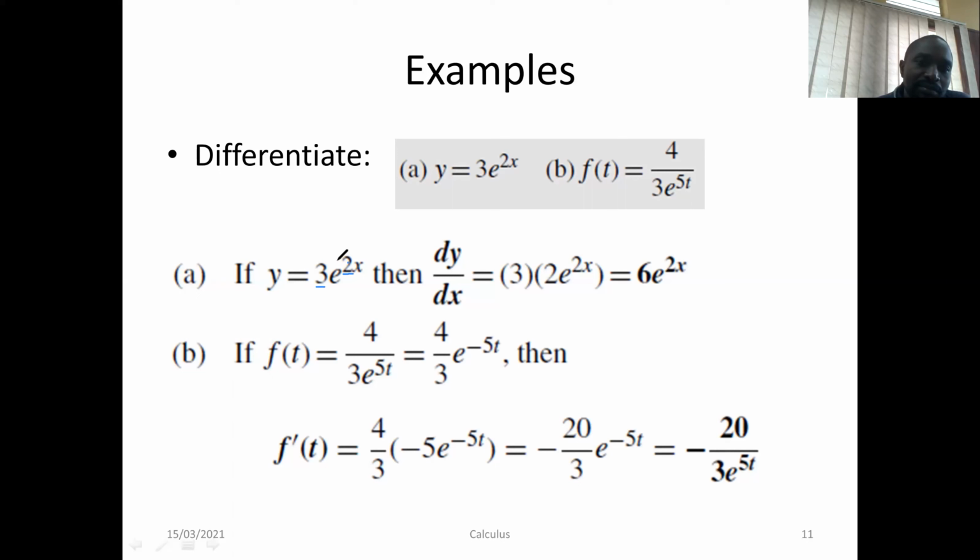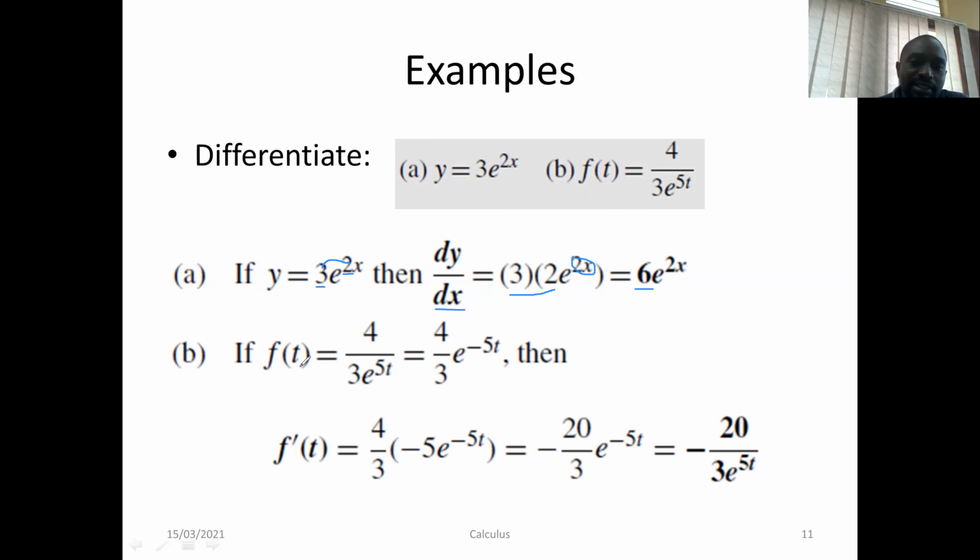Therefore, the first thing is to multiply the constant and the coefficient as we calculate the derivative of y with respect to x. When you multiply 2 by 3, the rest of the function remains as it is, so this gives us 6e to the power 2x.